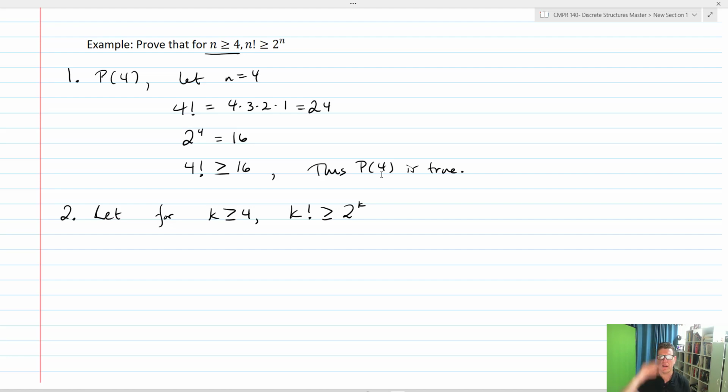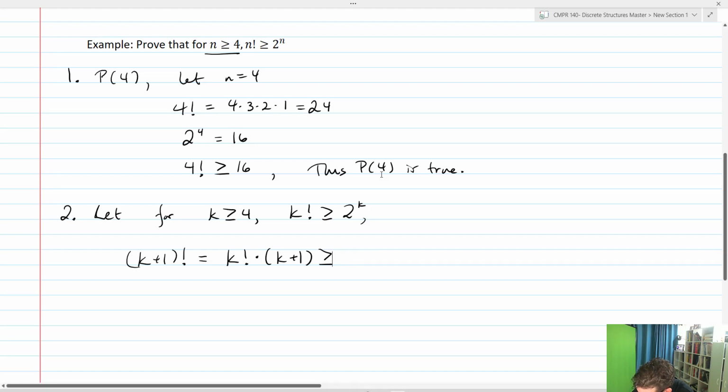We started with 4, the first step in our ladder, and now we're going to move up from there. Now we're going to say, k plus 1 factorial is k factorial times k plus 1. And by assumption, that should be greater than or equal to 2 to the k times k plus 1.